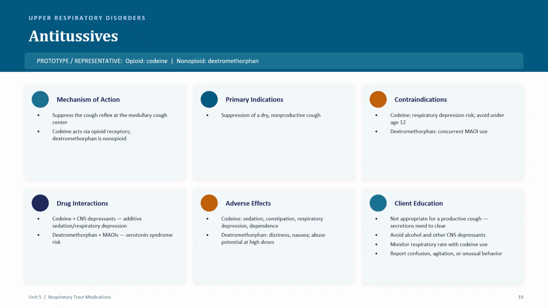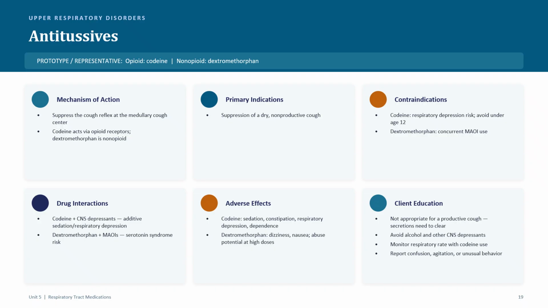And so, an important safety note: codeine specifically carries real respiratory depression risk and should be avoided in children under the age of 12. Combining either of these drugs with other central nervous system depressants adds to that depression risk.